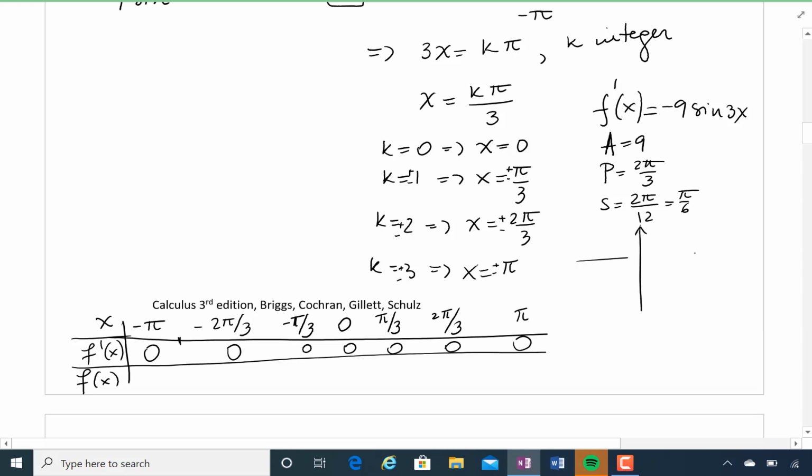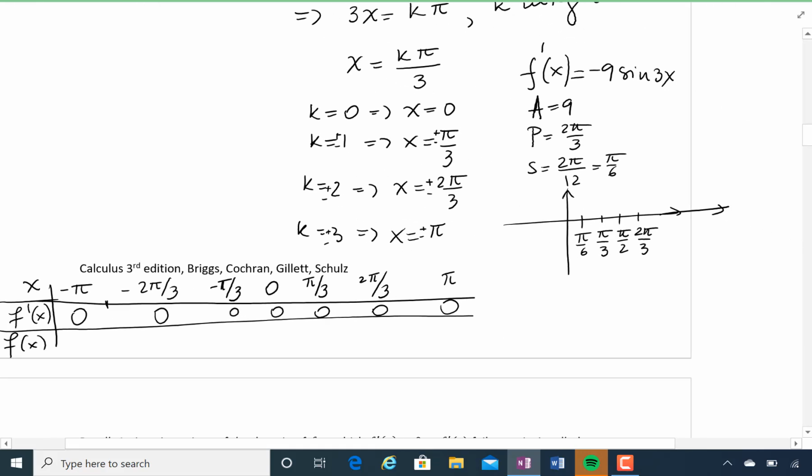So when we graph it, we have pi over 6, 2 pi over 6, which is pi over 3, 3 pi over 6, which is pi over 2, 4 pi over 6, which is 2 pi over 3. I'm going to draw one more period: 4 pi over 6, 5 pi over 6, 6 pi over 6. I think it's enough because our domain is from negative pi to pi.